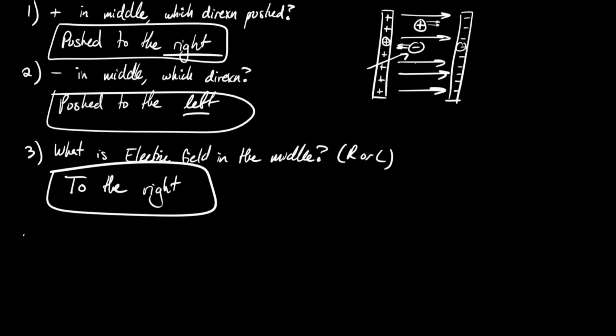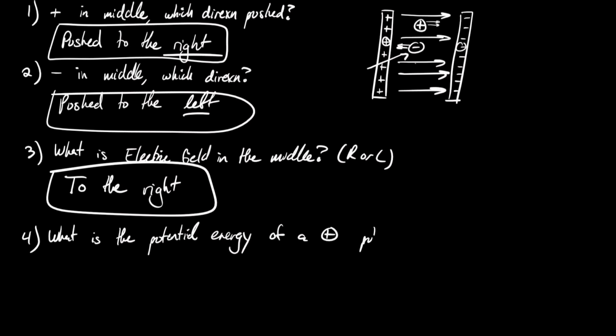Okay. Step 4, or problem number 4. What is the potential energy, again, not the electric potential slash voltage, but what is the potential energy of a positive charge put right in this spot?